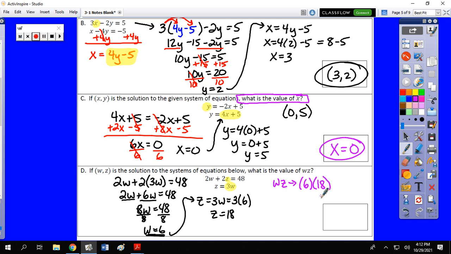That's 108, I think. I'm going to grab a calculator real quick and check my numbers there. Okay. 6 times 18 is 108. So the answer to this question is 108. WZ is equal to 108.